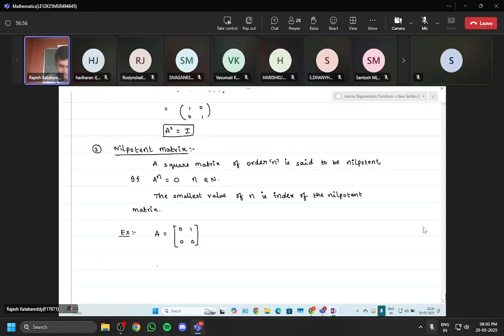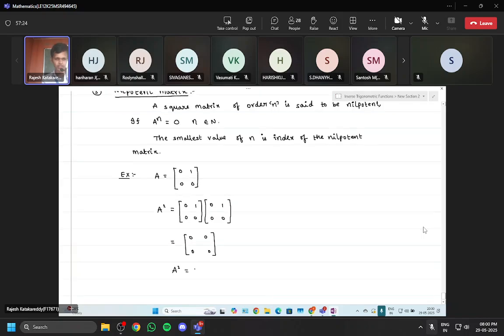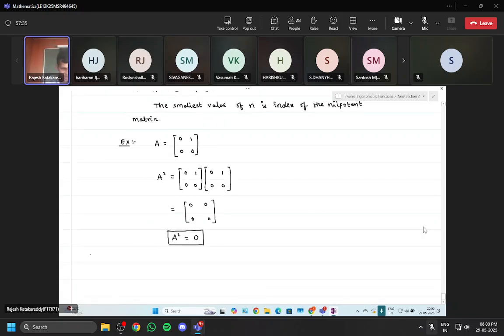So if I do A square in this, zero, row 1 multiplying column 1 is 0, this is also 0, all 0. So I got A square is equal to 0. This implies it is a nilpotent matrix of index 2. Clear? So next, the fourth one, periodic matrix.